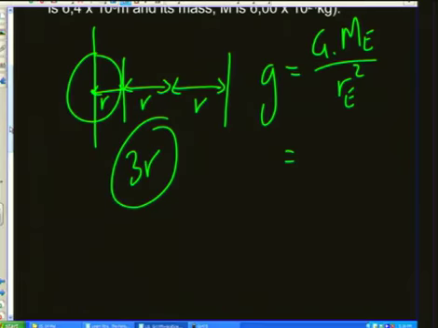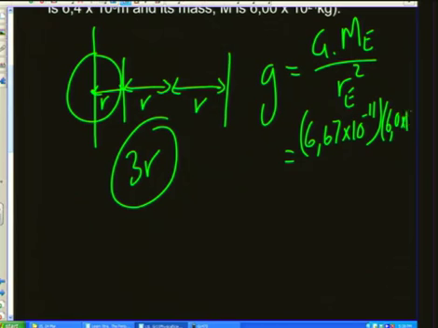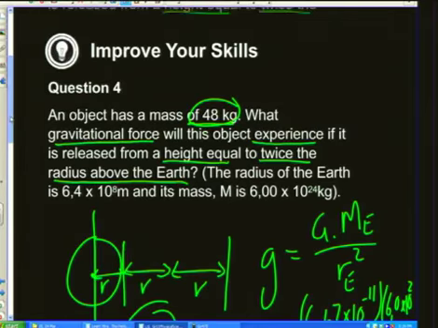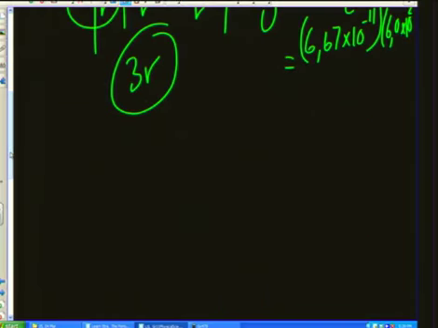Last thing that I'm just going to do is I'm going to put the values in so you can see that we've got them. 6,67 times 10 to the minus 11 times the mass of the Earth, 6,0 times 10 to the 27. I think it was 24, wasn't it? Let's just check it. 24 kilograms. 24, there we go.